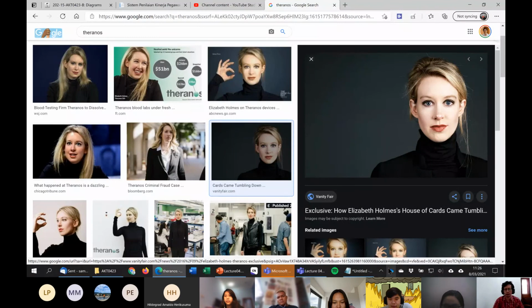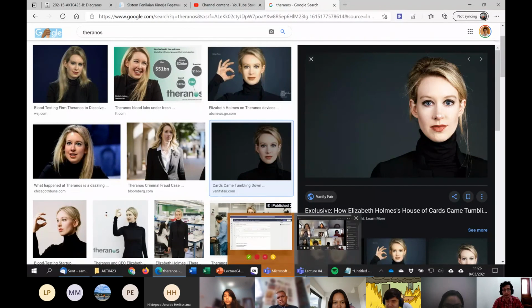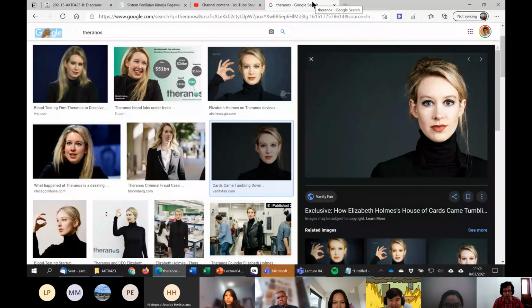Theranos is a startup company that looked promising in the US. What is their product? Elizabeth Holmes made a promise. You know that whenever you have to get blood tests or medical tests, you have to go to the laboratory and have your blood taken, and then the laboratory will analyze your blood.